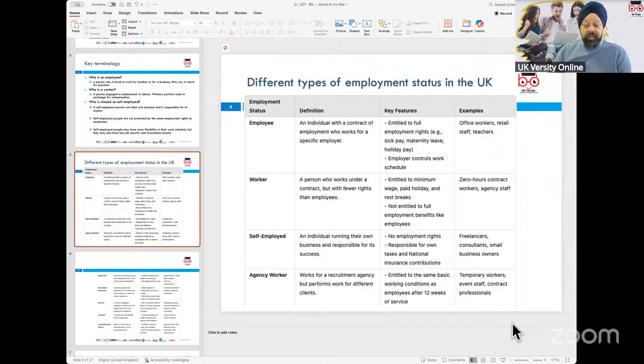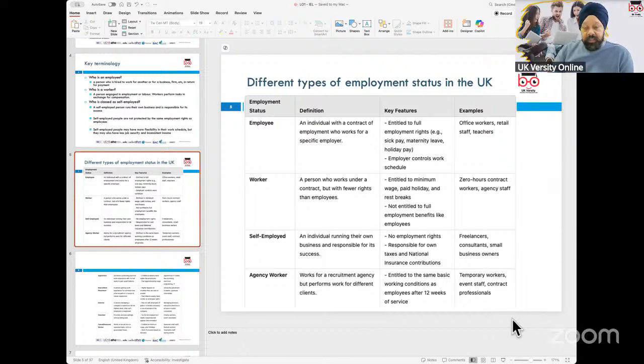And in return, you get your entitlement, for example your daily wage, the pay that you get in exchange for the work being assigned by the agency.